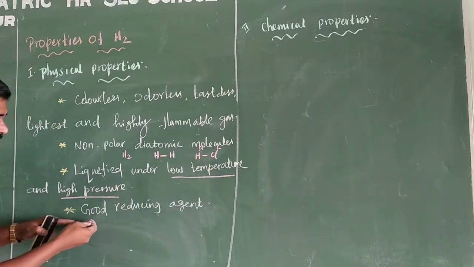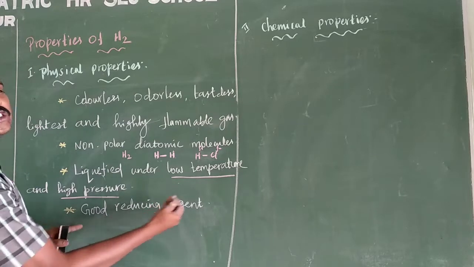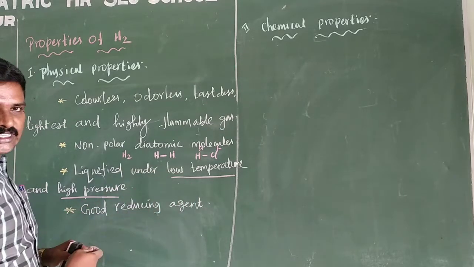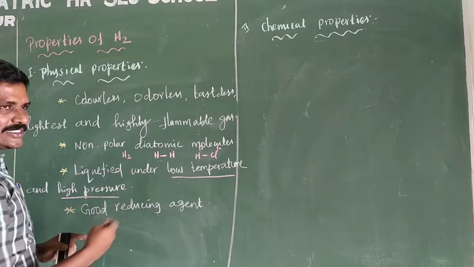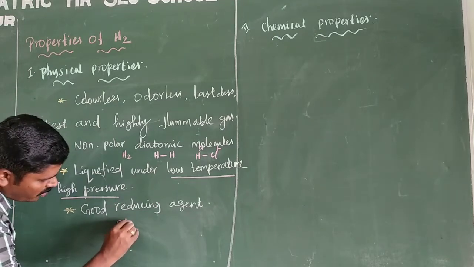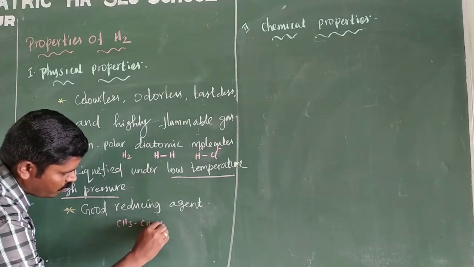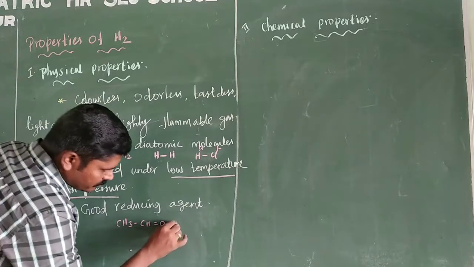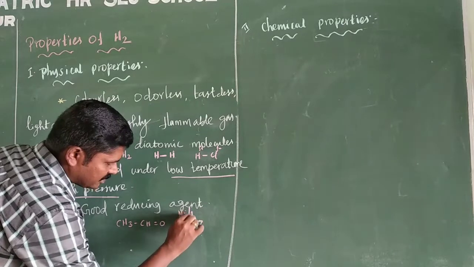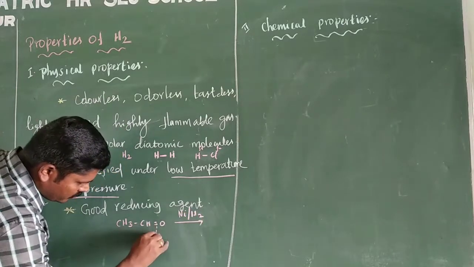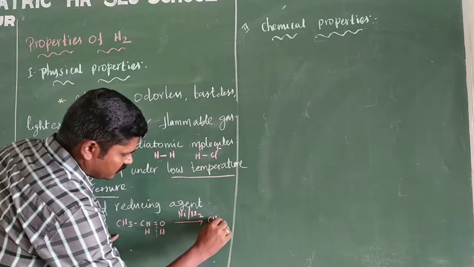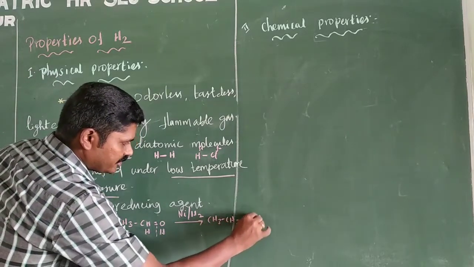So hydrogen acts as a good reducing agent. It reduces some organic compounds such as aldehydes, carboxylic acids and unsaturated compounds. For example, acetaldehyde CH3CHO reacts with hydrogen in the presence of nickel catalyst to give alcohol, CH3CH2OH.